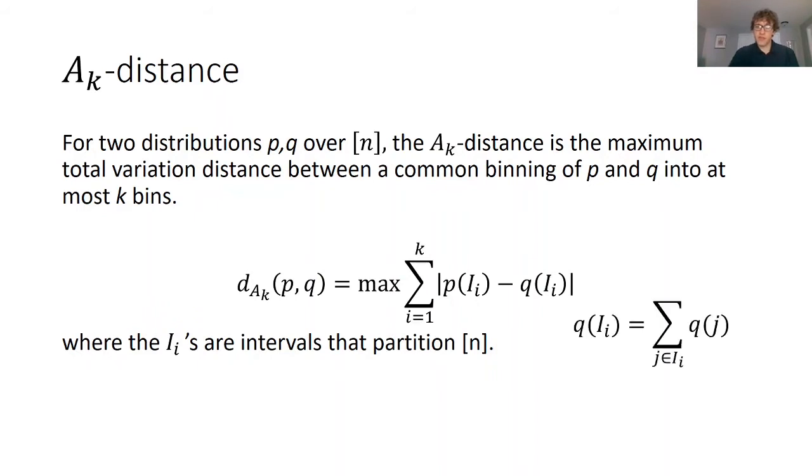Here, the probability mass function evaluated at an interval is just what you would expect, the sum of the individual probability masses inside that interval. This is an interpolation of the CDF distance or Kolmogorov distance between two distributions. That would be the case when k is 2, and when k is n, then we recover the total variation distance.